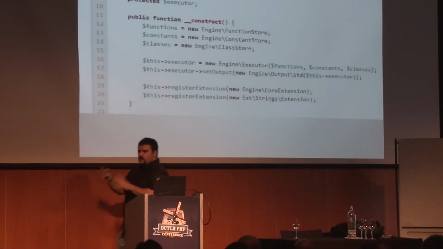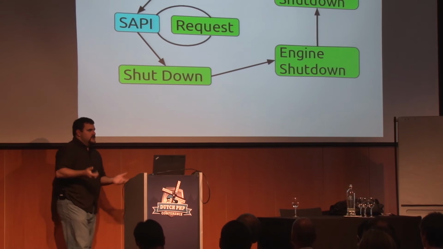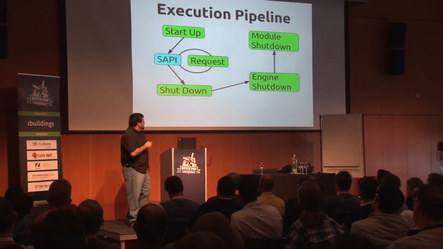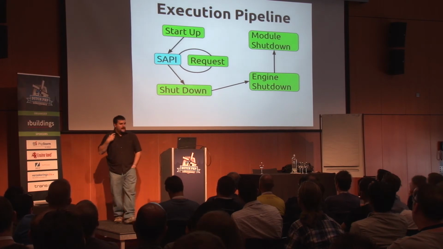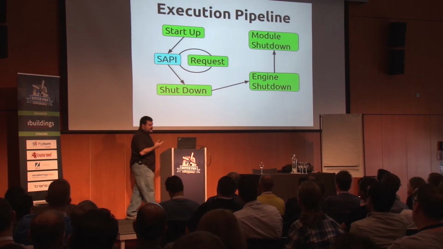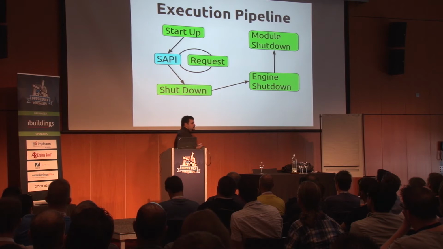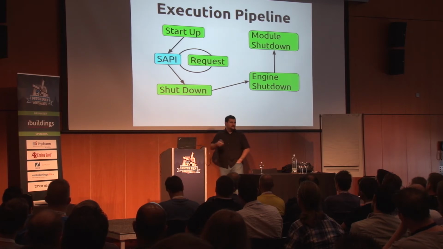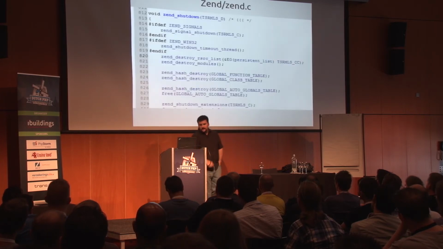Now, let's hold off on talking about the request for a second and talk about shutdown, because the request is where the really interesting stuff happens. Engine shutdown is where everything gets deinitialized, and typically there's not a lot that happens here, but there are some very important things. Additionally, the modules can shut down. So if a module opens a file, it gets a chance to close it. Straightforward.